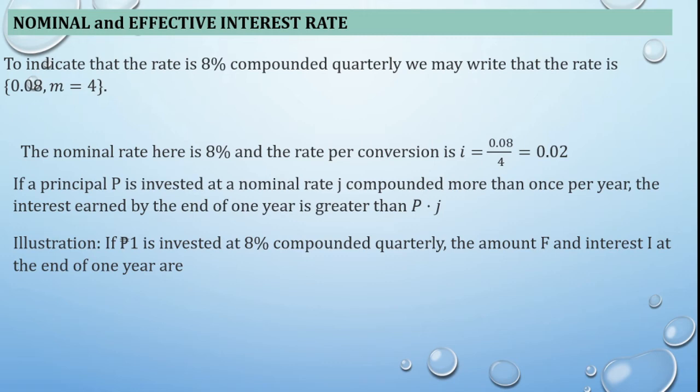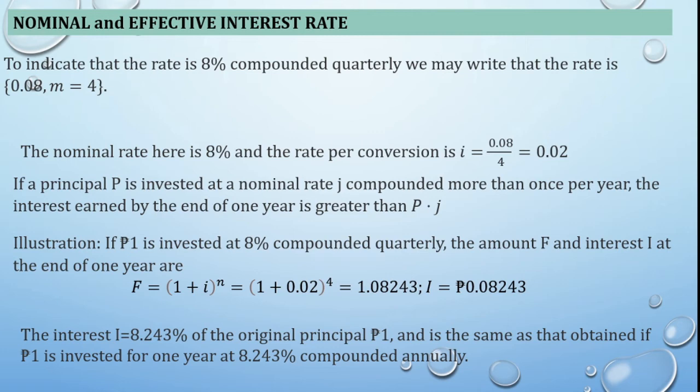To illustrate, if 1 peso is invested at 8% compounded quarterly, the amount F and interest I at the end of 1 year are F is equal to 1 plus i raised to n, where i is 0.02 and n is equal to 4. So F is equal to 1.08243 and I is equal to 0.08243.